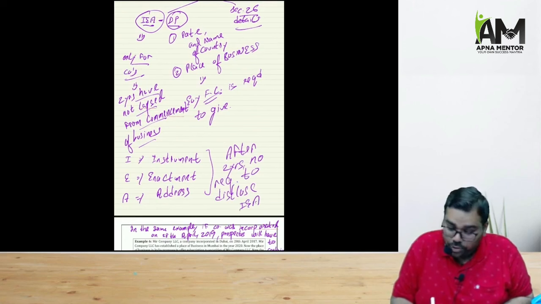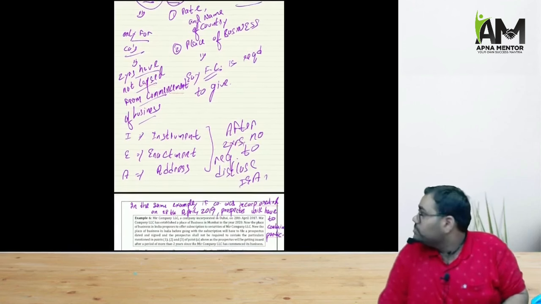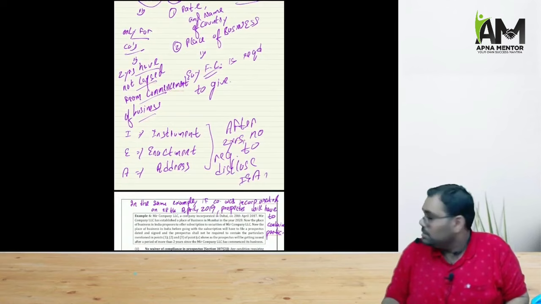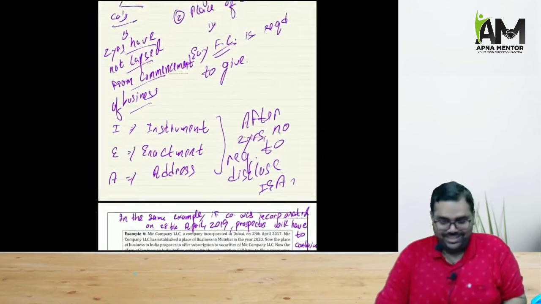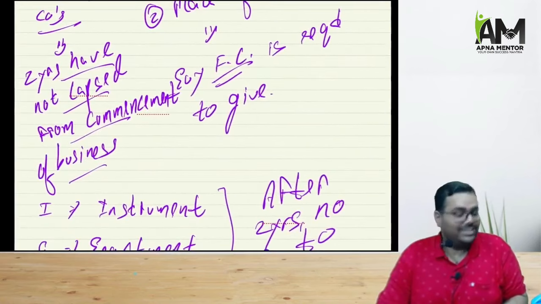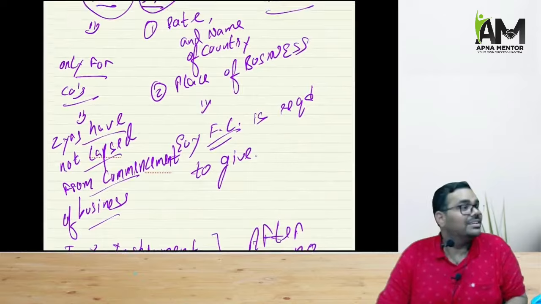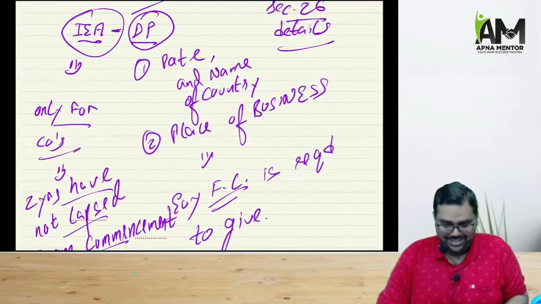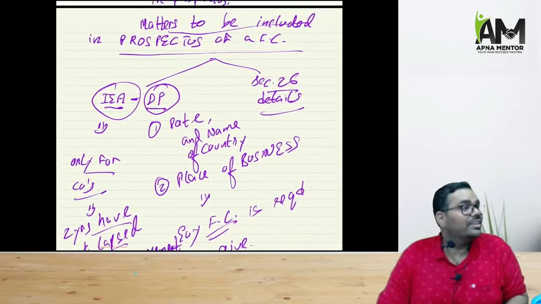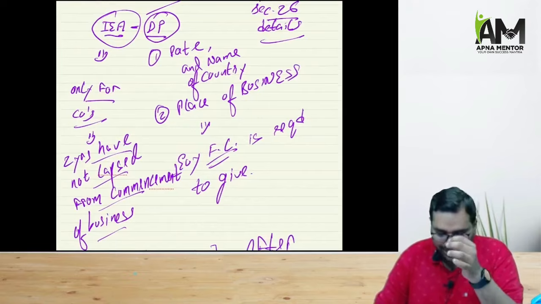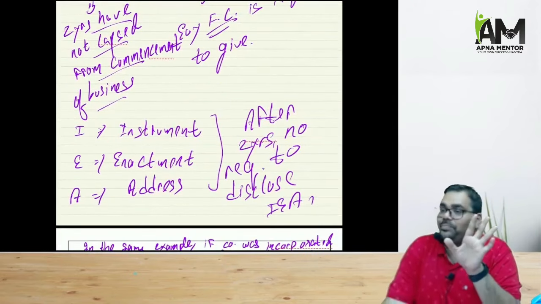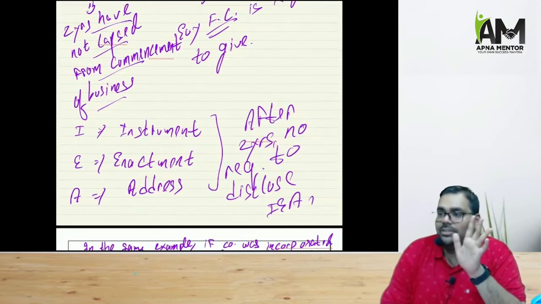But even after 2 years, they are required to disclose DP. DP is always required.